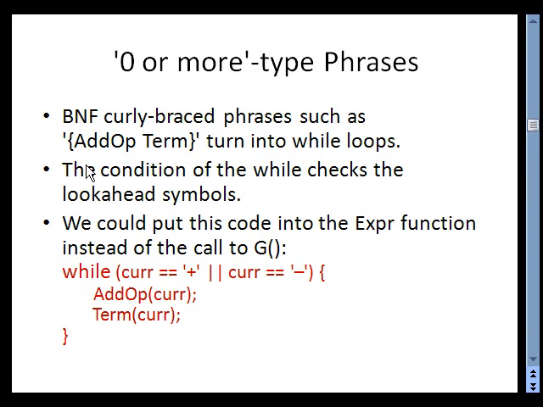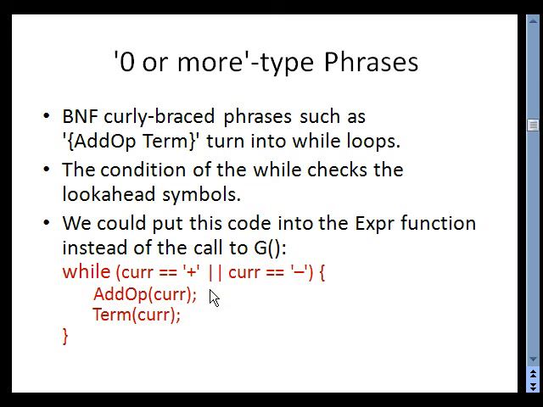Pieces of a rule such as this, where you have curly brace meta-symbols, are going to turn into a while loop because this can be there 0 or more times. The look-ahead set that you found when you did the look-ahead for G will come in handy because that's going to become the condition of your while loop. You're going to say while current is a plus or a minus, then call AddOp, call term.